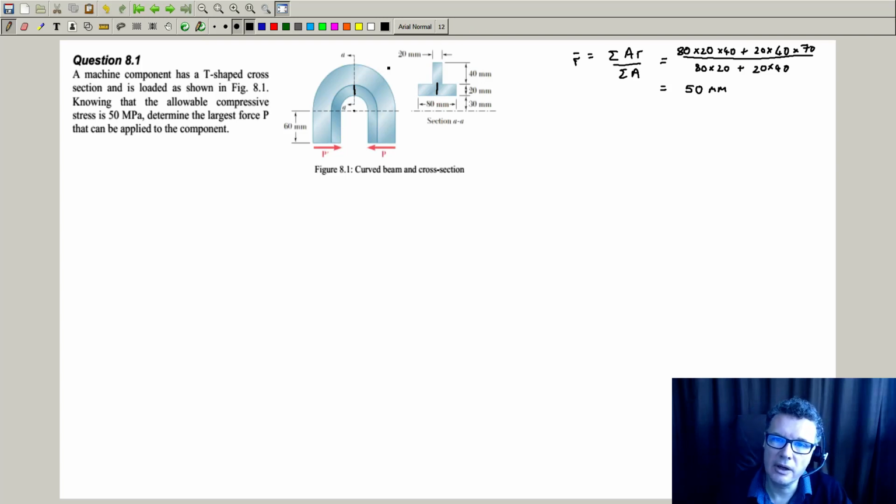Next thing is I'm going to do something a bit like a method of sections, cut this body and then expose the internal forces.